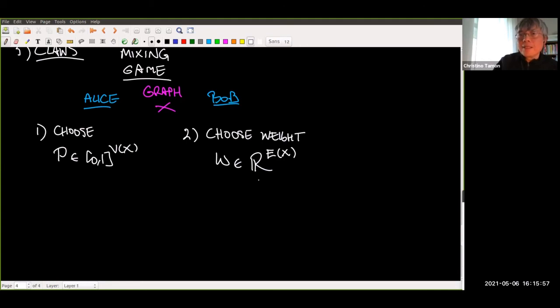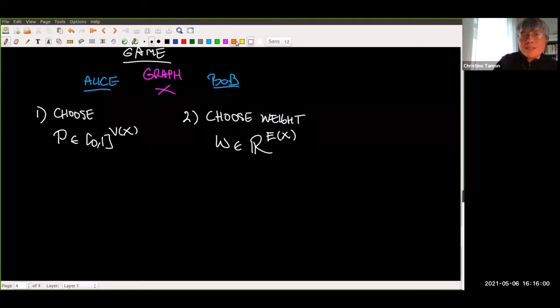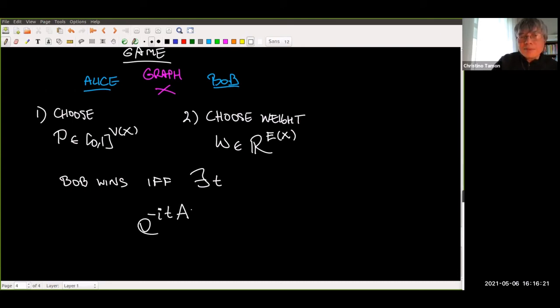Now the rule of the game is Bob wins if and only if there exists a time for which, when the quantum walk is run, I'm switching to adjacency now, on the graph X weighted with this edge weighting, this amplitude has to be this for all B. This is subject to discussion actually.